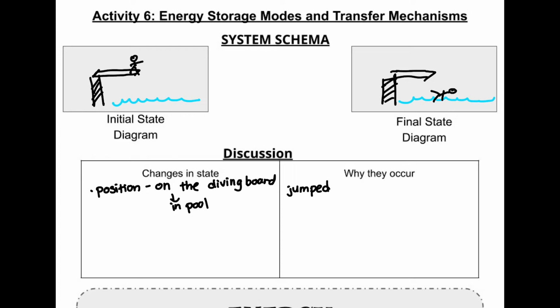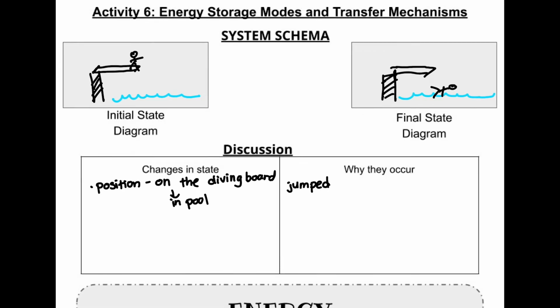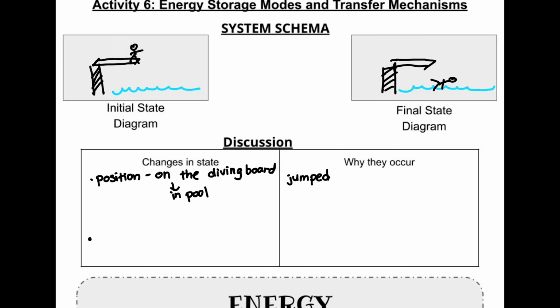Okay, so I was on the diving board, so I had a lot of gravitational energy, so some EG, and then I jumped, which is EK, right? So there was some movement, and then now I'm in the pool. And so at first, my stomach, so there might be some thermal change as well.